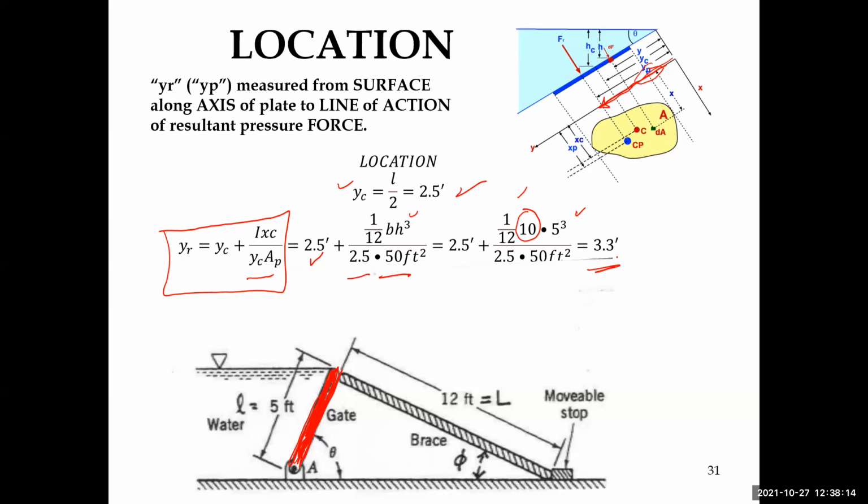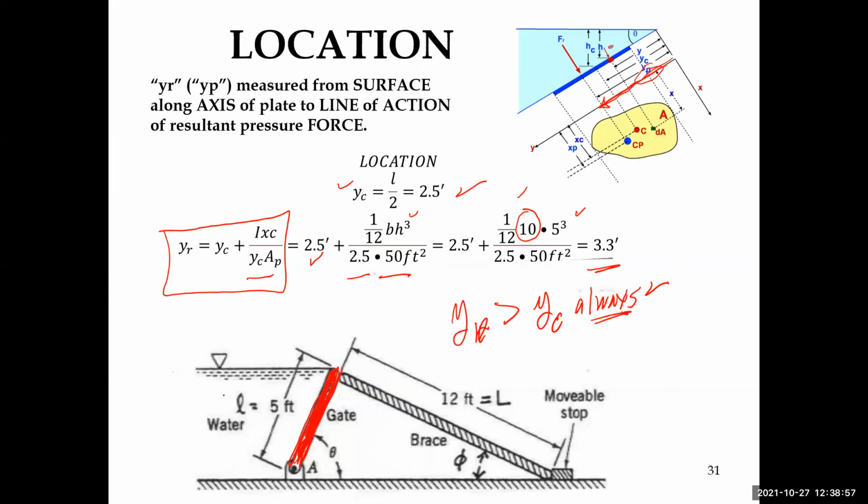And Y sub R is always greater than Y sub C. This must always be true, that the distance to the line of action of the force is always greater than the distance to the centroid. So therefore, the line of action of my force is always below the centroidal location.